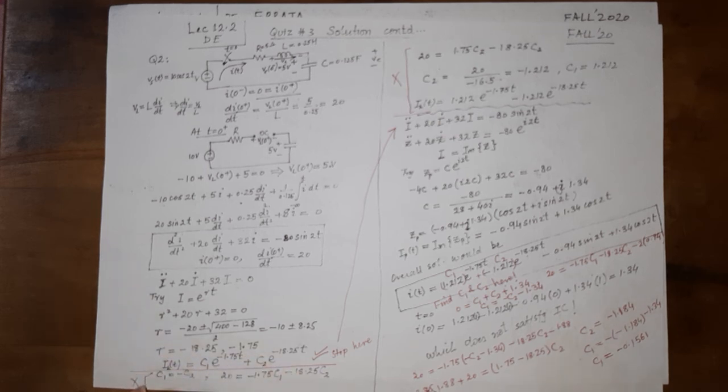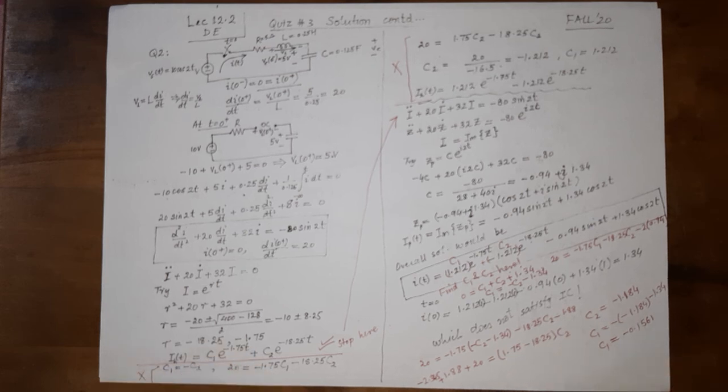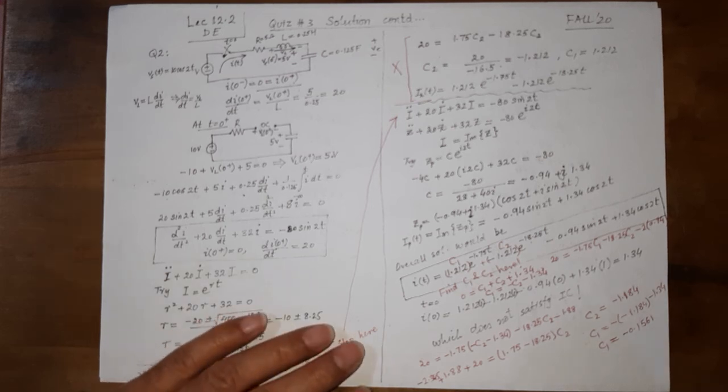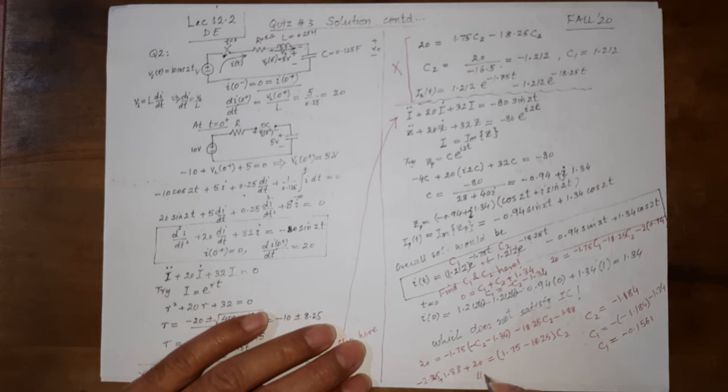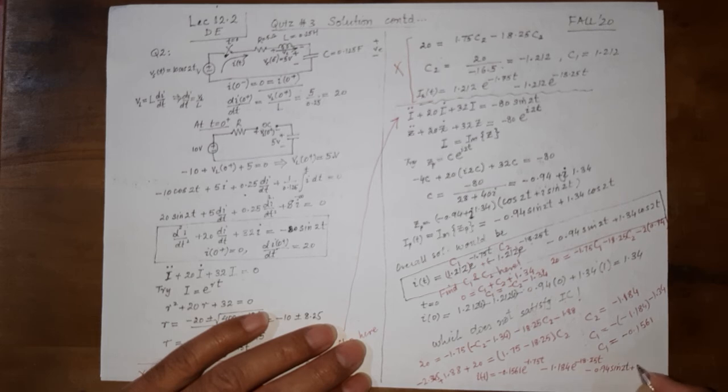So the final solution is, I don't have space for that, but the final solution would be I(t) is equal to minus 0.1561 e raised to the power minus 1.75 t minus 1.184 e raised to the power minus 18.25 t minus 0.94 sine 2t plus 1.34 cos 2t.